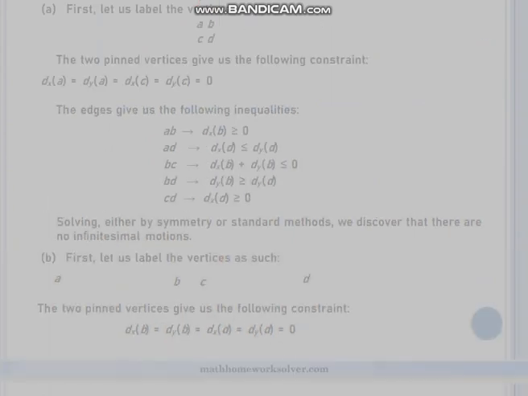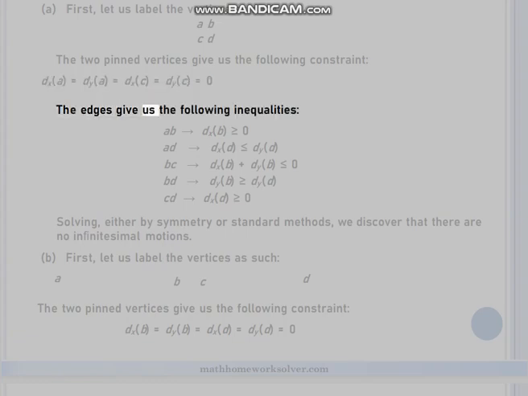Solution. A. First, let us label the vertices as such, A, B, C, D. The 2 pinned vertices give us the following constraint: dx_A = dy_A = dx_C = dy_C = 0.